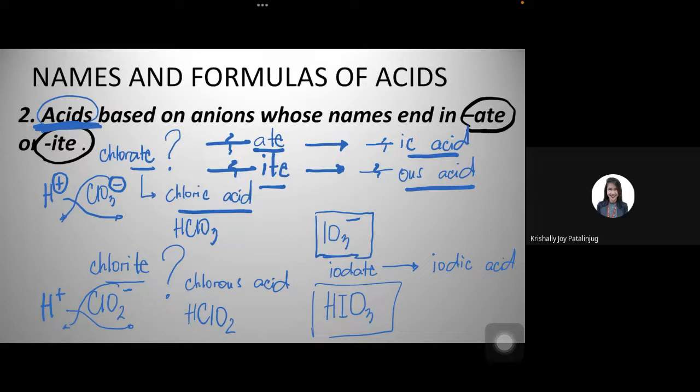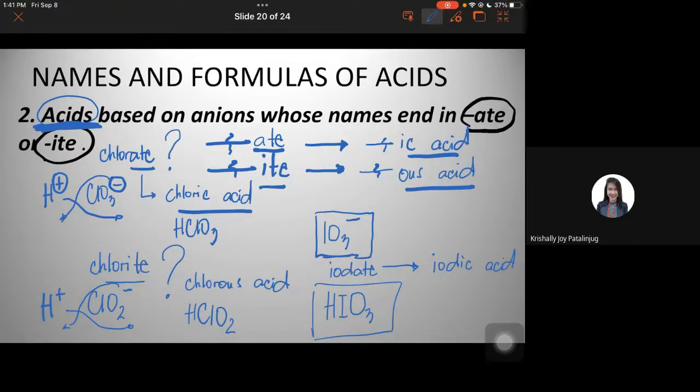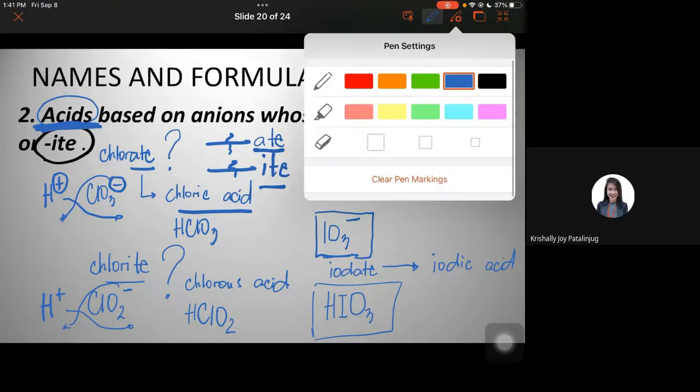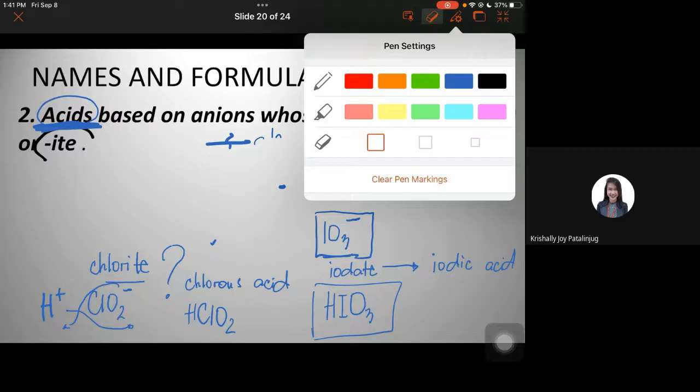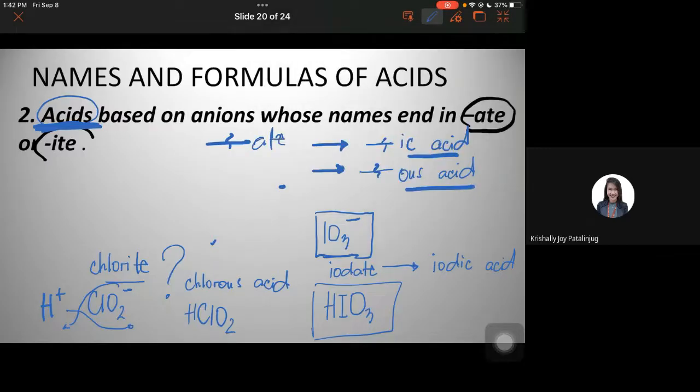Now, in the case of sulfate, that is also an anion. Sulfate is SO4 2 negative. If you are asked for the name of the acid we can derive from sulfate, it's not sulfic acid.